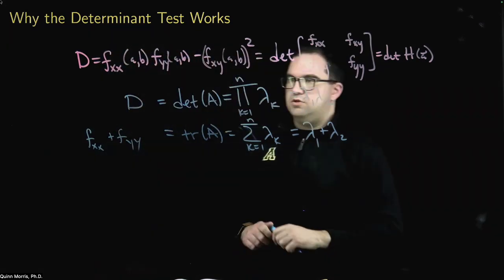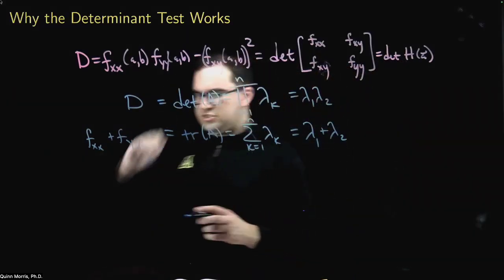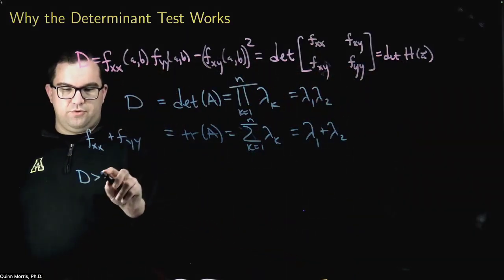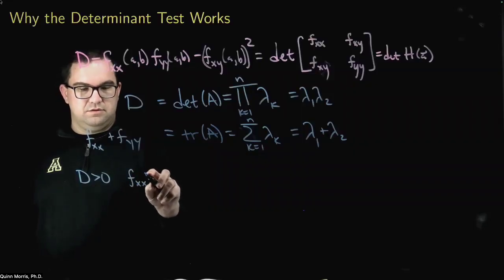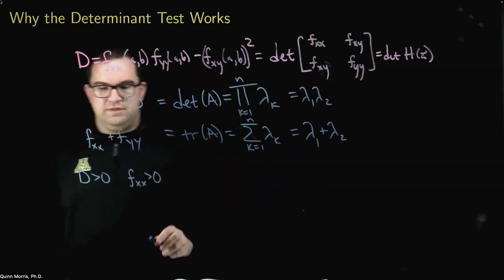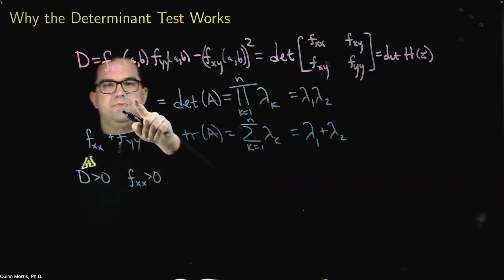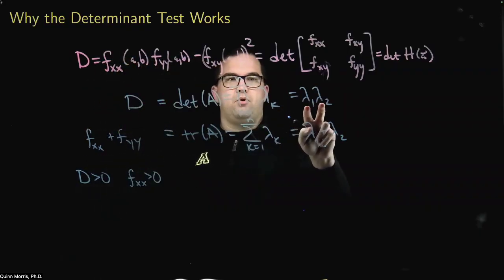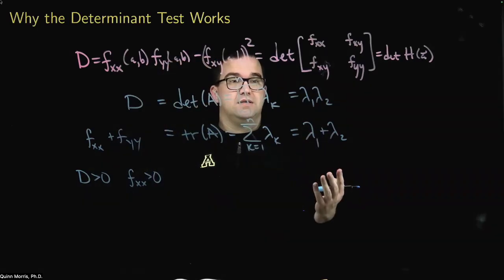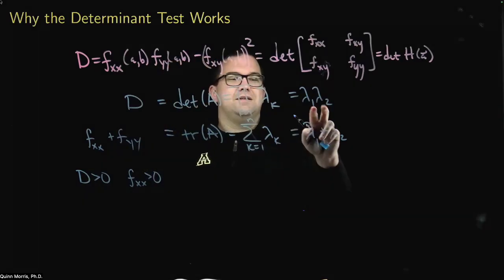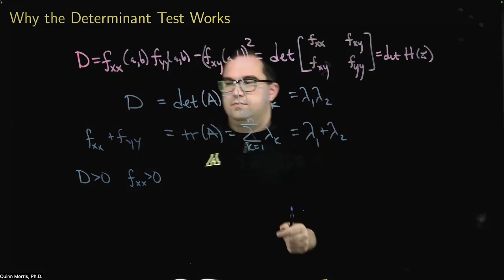All right. So if we go back to the cases of that theorem, the first case said that D was greater than 0 and that f_xx was greater than 0. Well, wait, what would that tell me about my eigenvalues? If D is greater than 0 and it's the product of the eigenvalues, that tells me my eigenvalues must have the same sign. They're either both positive or both negative.